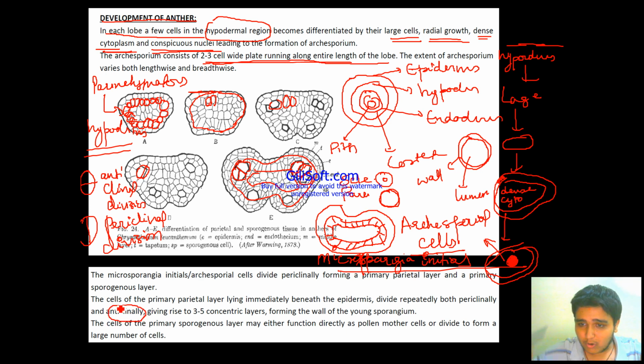So as an end product, you will have one row of archisporial cells and another row of archisporial cells.